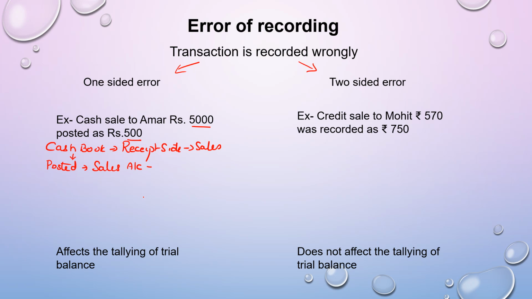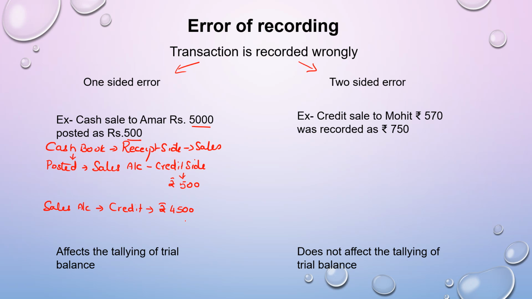So when it was posted to the sales account, it goes to the credit side of the sales account, but it has gone as rupees 500. Actually, it should have gone as 5,000. So you have put 500 instead of 5,000, which means you have put 4,500 less into the sales account. Therefore, to rectify this, you would credit the sales account by rupees 4,500.